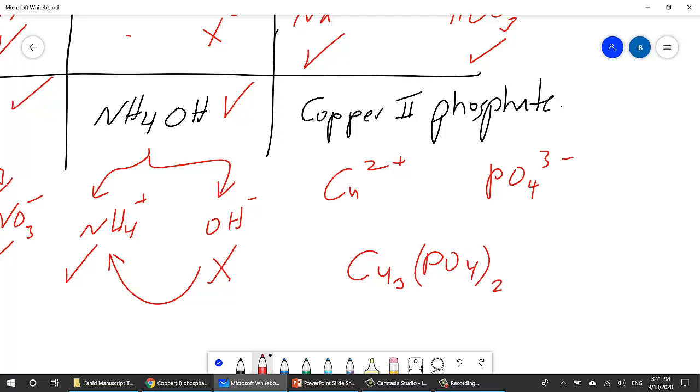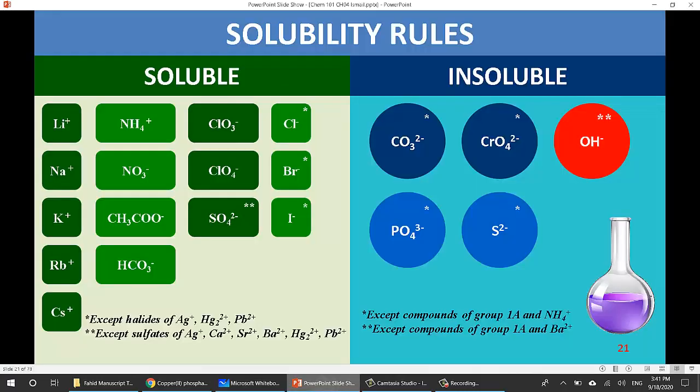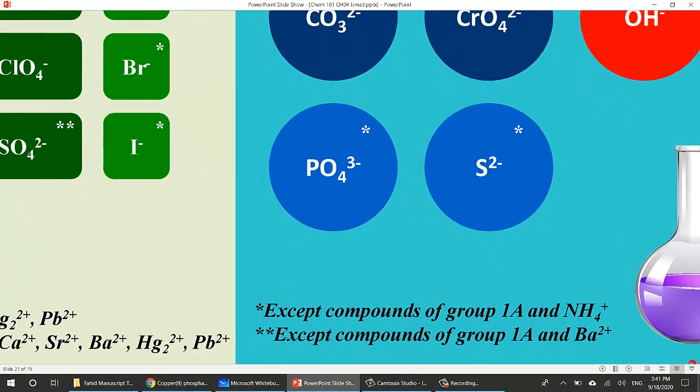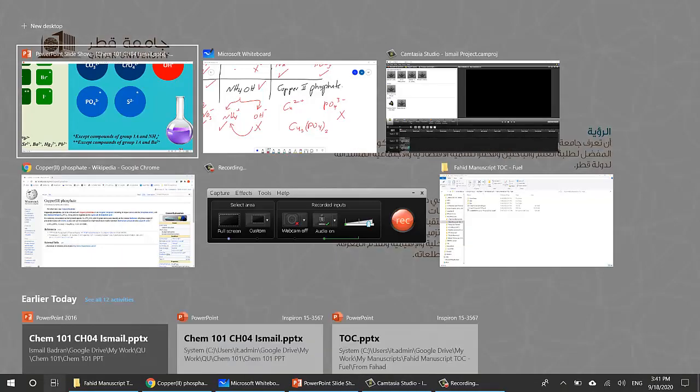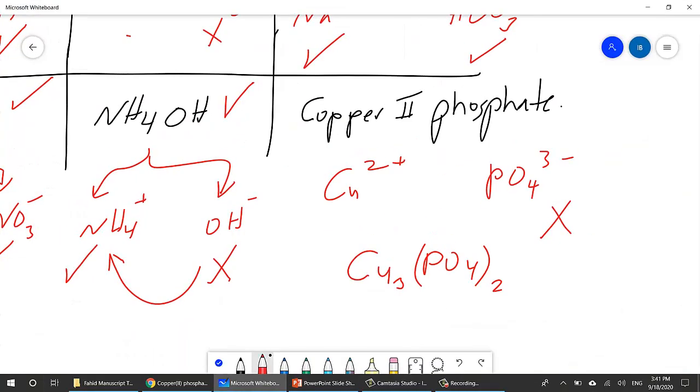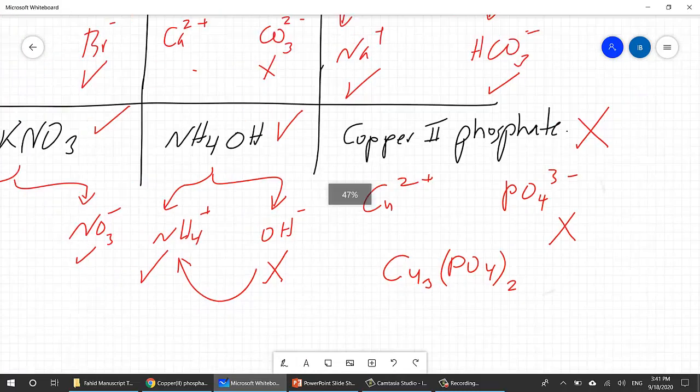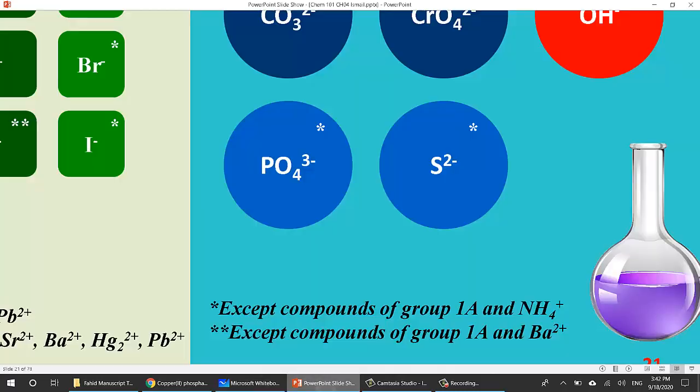Now the question is whether this is soluble or not. I know there is a rule about phosphate that says it is insoluble, and I have to check the exceptions. Phosphates are insoluble except if they come with group 1 or ammonium. Copper is neither group 1 nor ammonium, so this should be insoluble in water. If you apply the rule, you will find it to be easy.